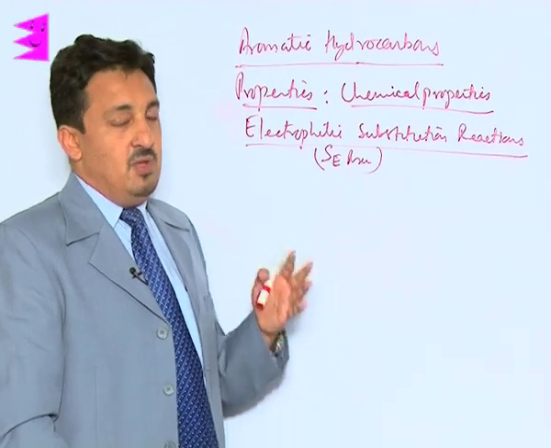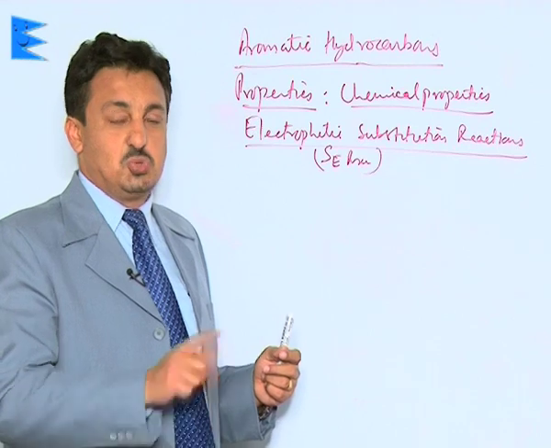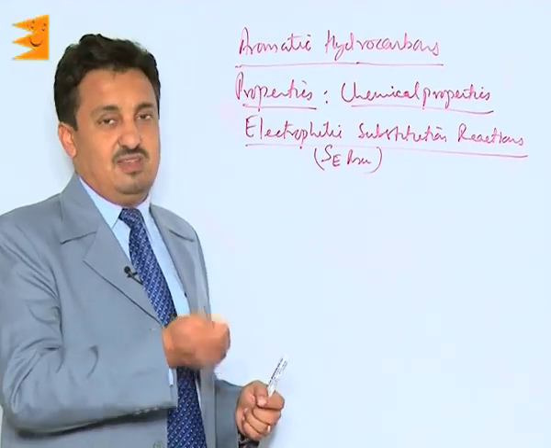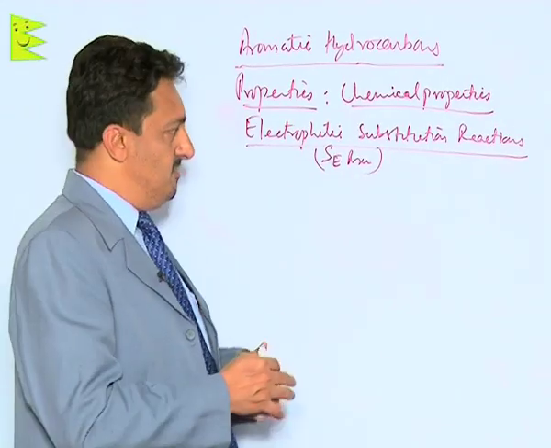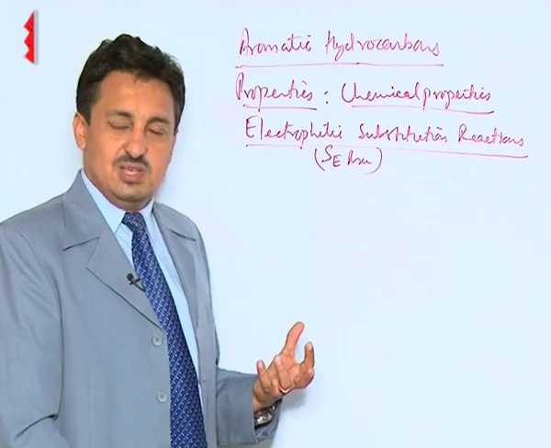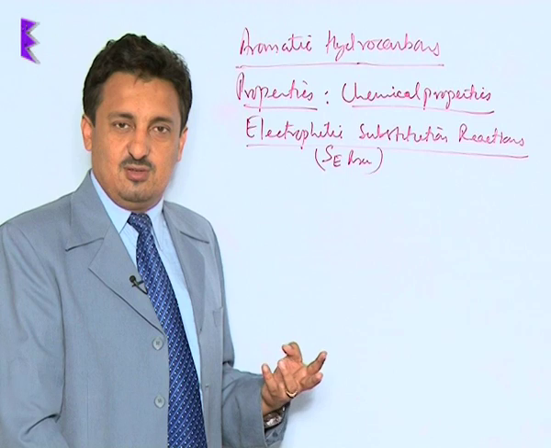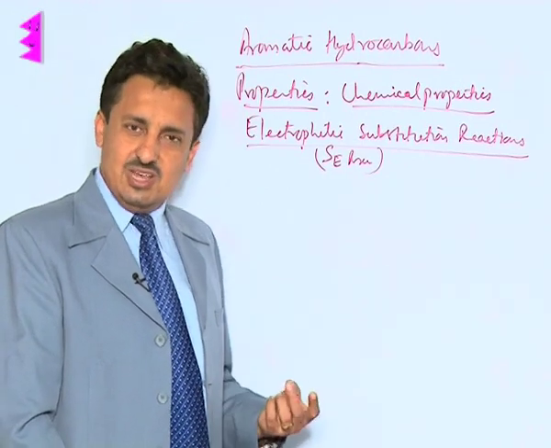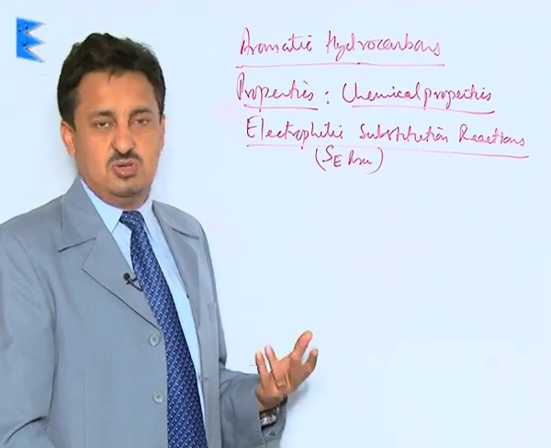That is why they only show substitution reactions, and that too electrophilic, because a nucleophile cannot approach the benzene ring, as it gets strong repulsion from the negative charges. So they show mainly the electrophilic substitution reactions. We have basically 4 types of electrophilic substitution reaction shown by benzene and its derivatives: nitration, sulfonation, halogenation, and Friedel-Crafts alkylation or acylation.